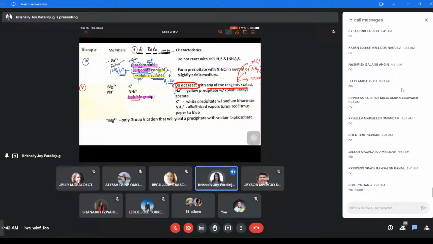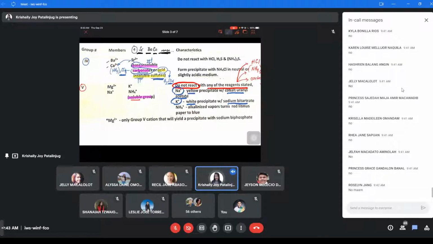For example, sodium ion will form a yellow precipitate with cobalt uranyl acetate. For potassium, it will form a white precipitate with sodium bitartrate. As you can observe, they are different. They have no universal precipitating agent.